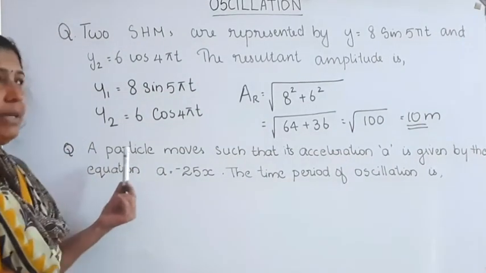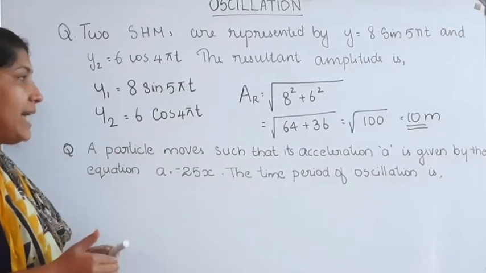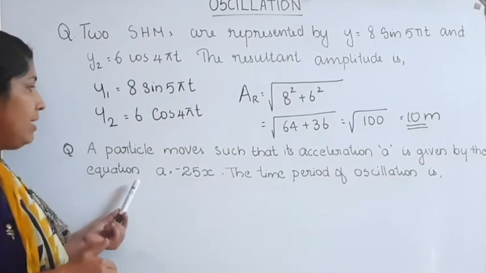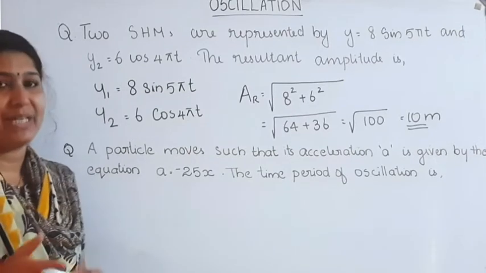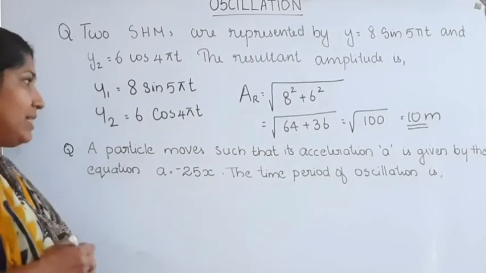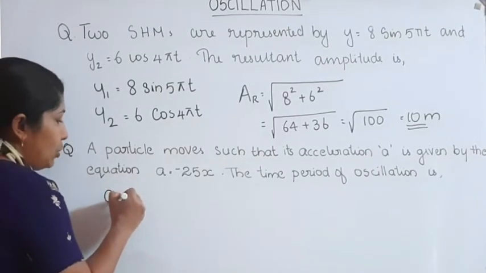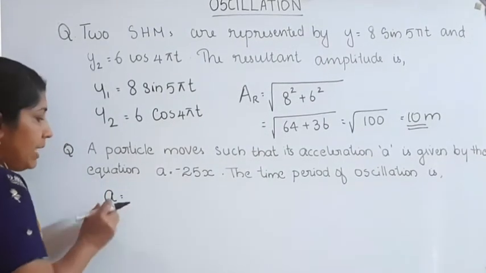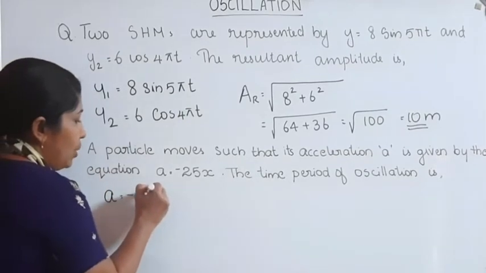Our next question. A particle moves such that the acceleration A is given by the equation A is equal to minus 25x. The time period of oscillation is. Acceleration is given. In the case of simple harmonic motion, the equation for the acceleration is minus omega square into x.